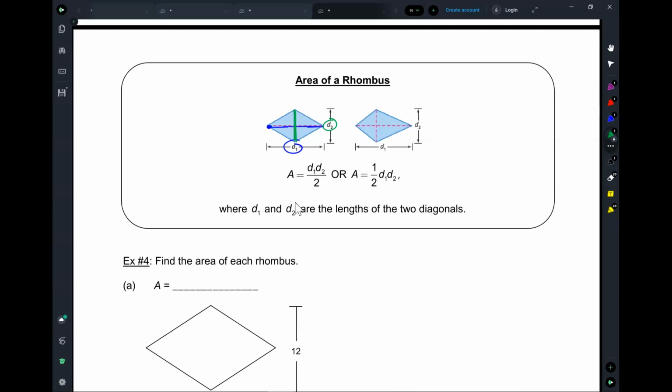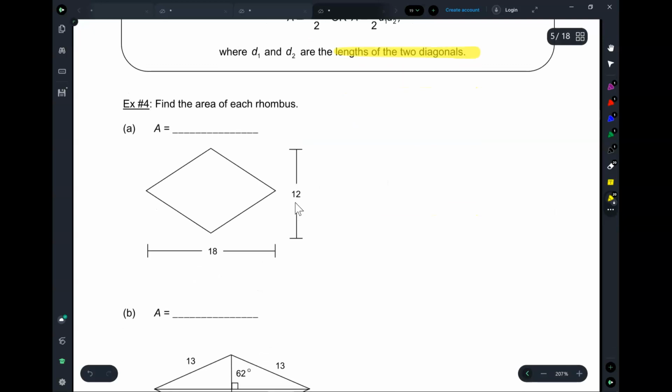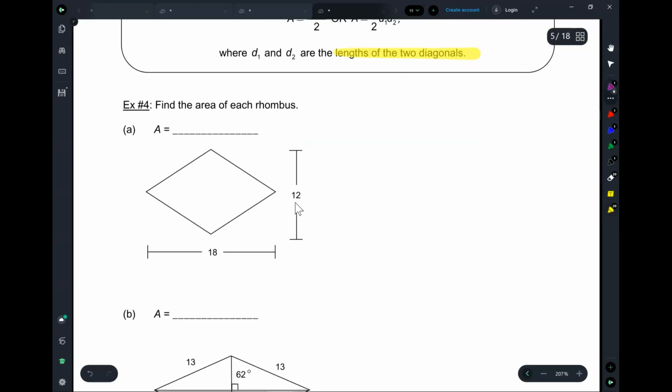Right? So we have to look at the lengths of the diagonals. Half d1, d2. That's how I always remember it. Half d1, d2. d1, d2 divided by 2. Okay, so take a look here. When you're given these, this 18 is the length of this diagonal.